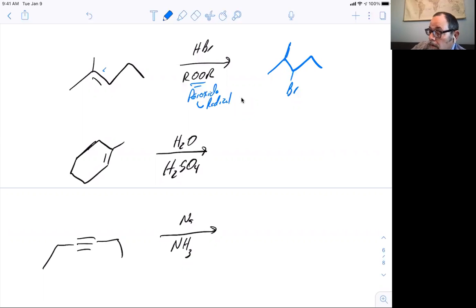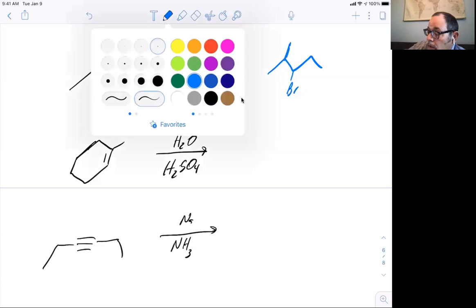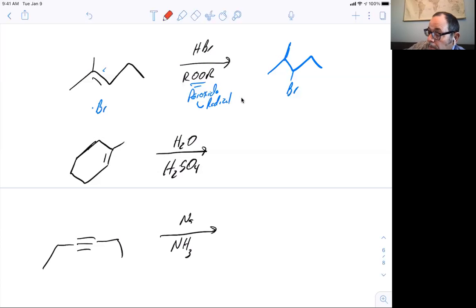Okay, let's see. I don't think I explained that well. So let's look at the half-barbed arrows. You have initiation and then propagation. We need a half-barbed arrow. The propagation is the step that determines our regioselectivity.